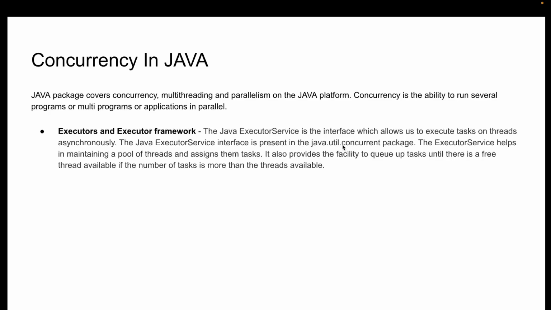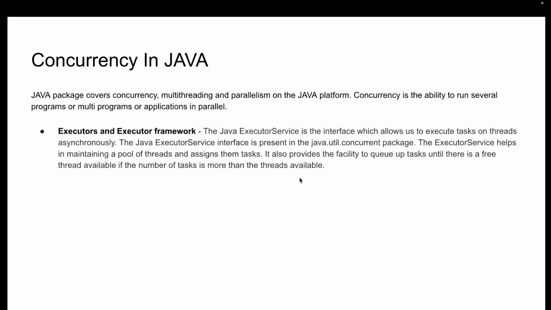We had already seen the java.util package, which has all your collection data structures, but java.util.concurrent is a sub package within the util package, and it contains the library for concurrency. The executor service helps in maintaining a pool of threads and assigning them tasks. It also provides the facility to queue up tasks until a free thread is available, if the number of tasks is more than the threads available.